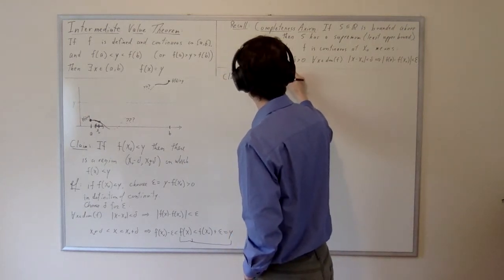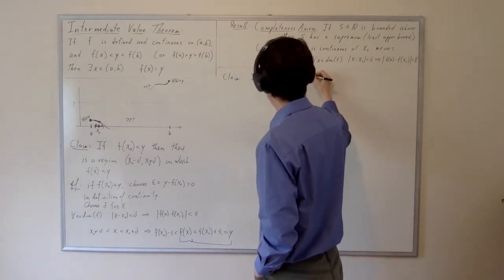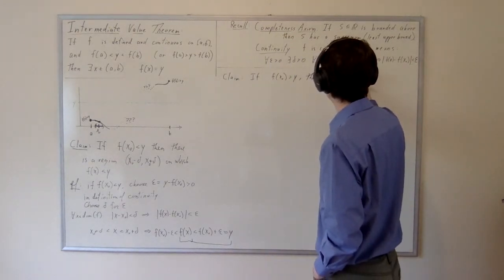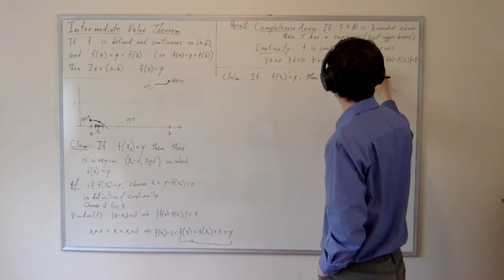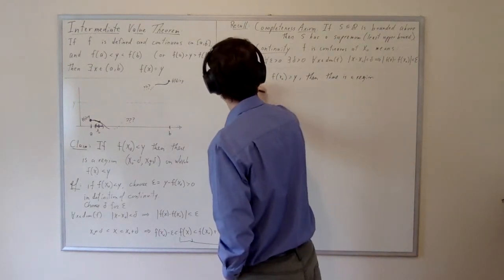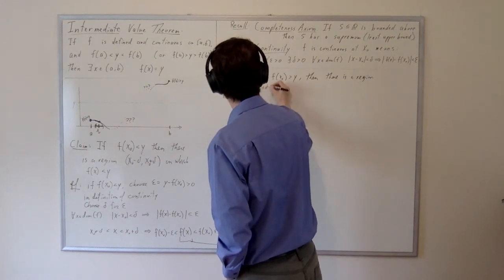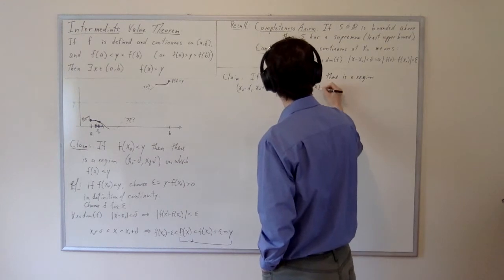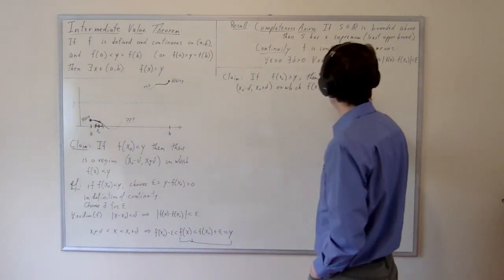So if f of x naught is greater than y, then there is a region, and it's the same region. So there is a region x naught minus delta, x naught plus delta, on which f of x is greater than y.